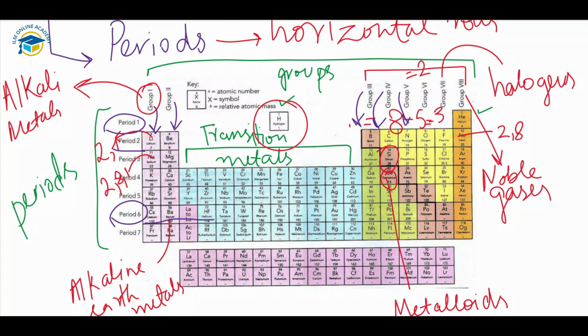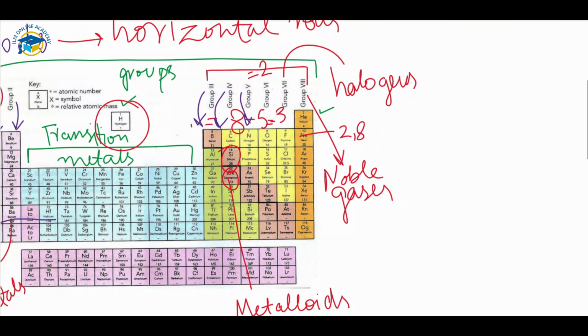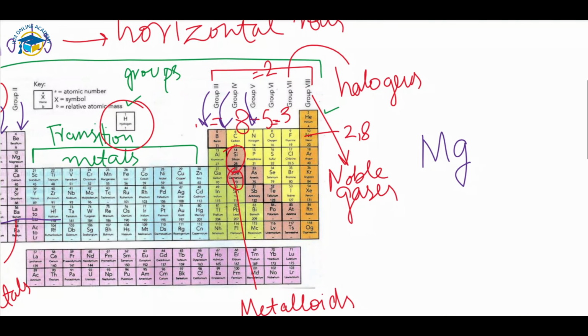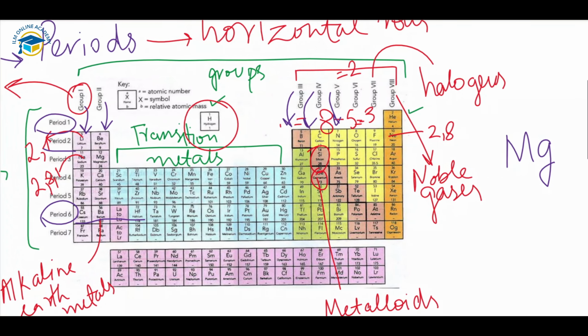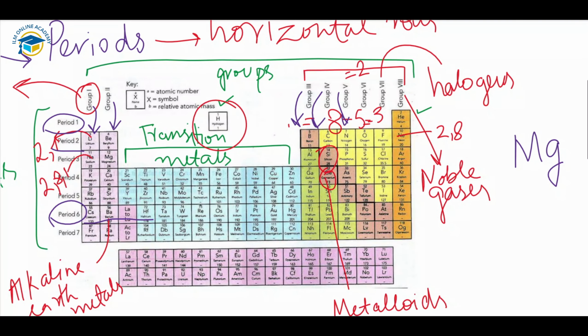For example, if I give you the example of the magnesium atom, you can see here magnesium is present in group 2 and period 3 of the periodic table.